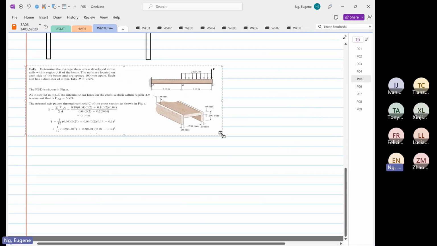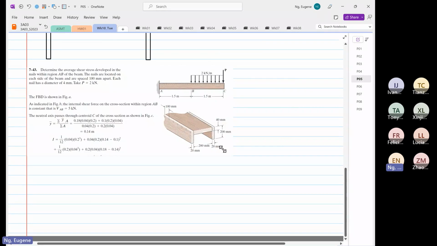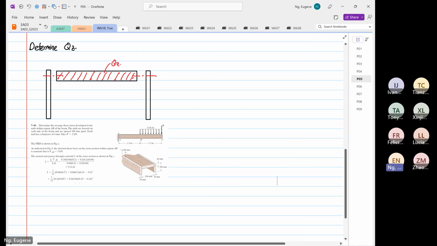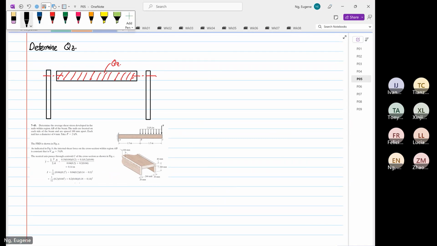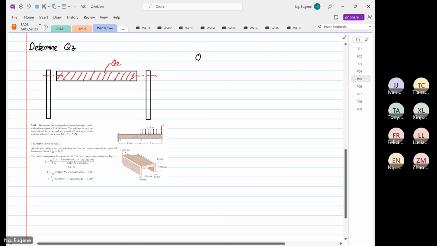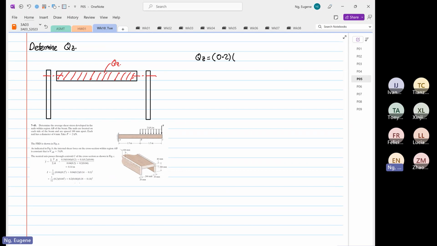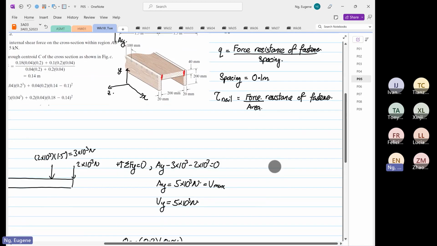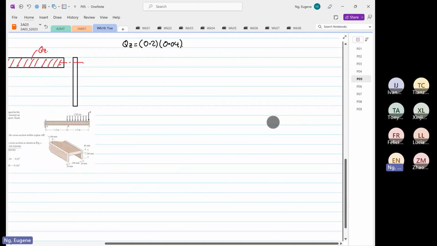So by looking at the geometry, right? So we know that the Qz, the width is 0.2 meters. The depth is 40 millimeters. The Y bar, so we know that from the top is what? From the top, the Y bar from the top is 0.14, right?